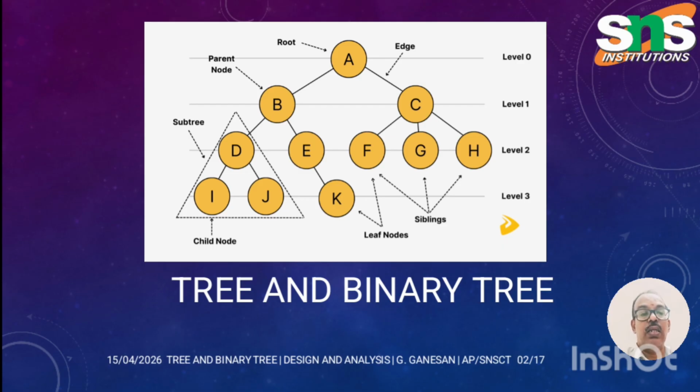Here, the diagram is given, is called as a tree. A is a root, that means it's a top of the tree. It's also called as a root. Then B and C are children of root A. B and C are called as children of A. So A is a parent and also a special name is called as a root.